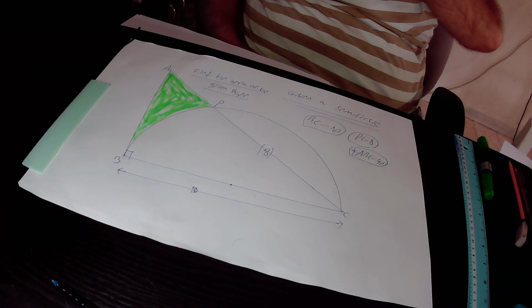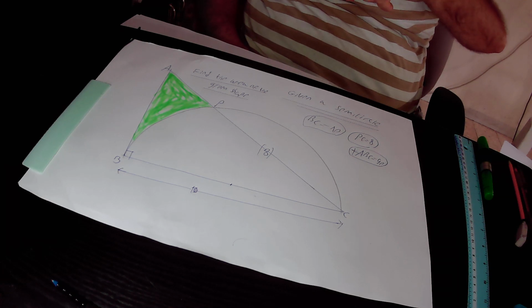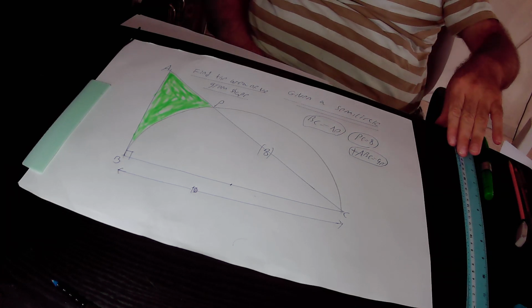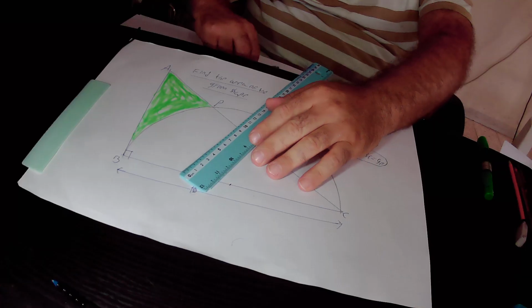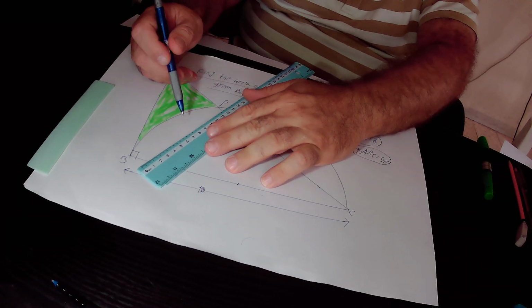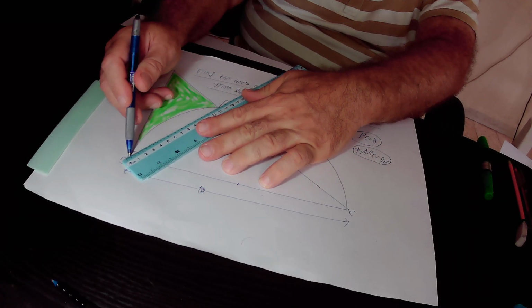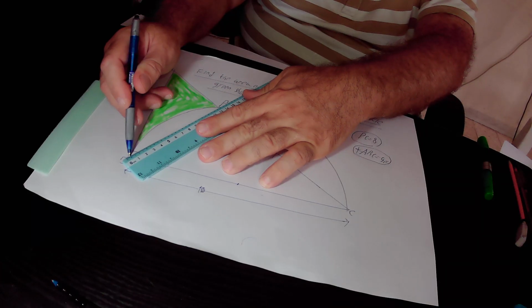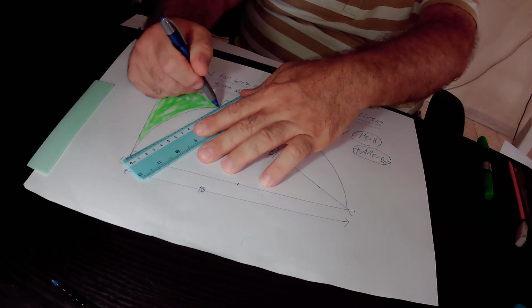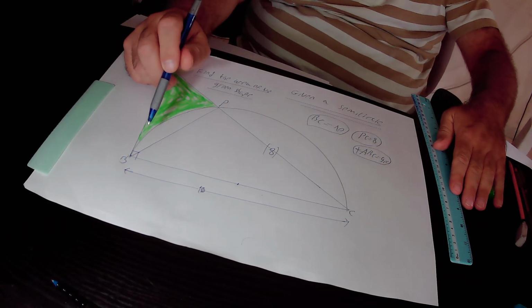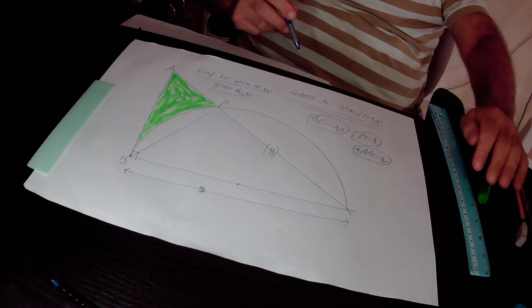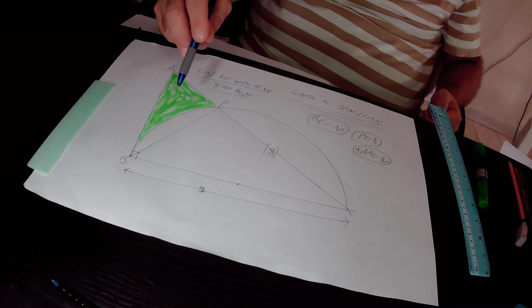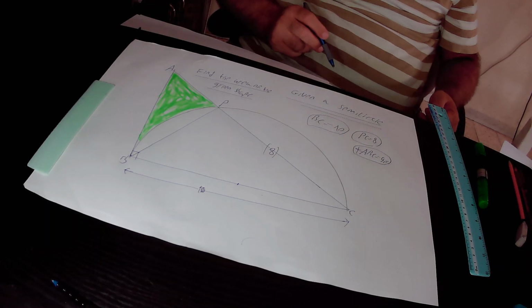So first of all, we join points P and B together by a straight line. By joining points P and B, we create peripheral angle PBC.